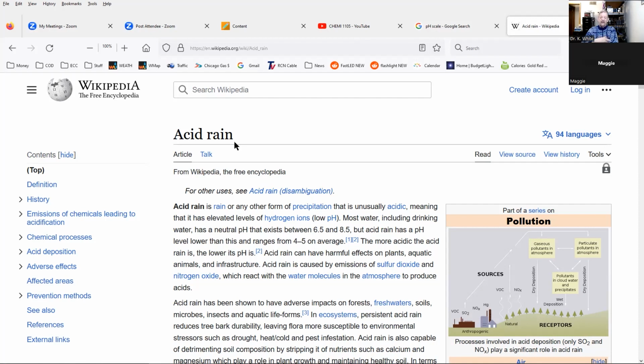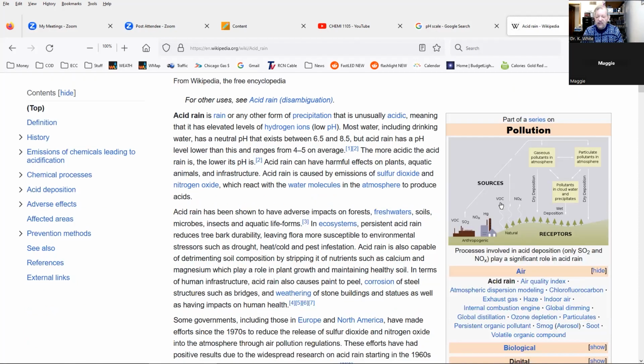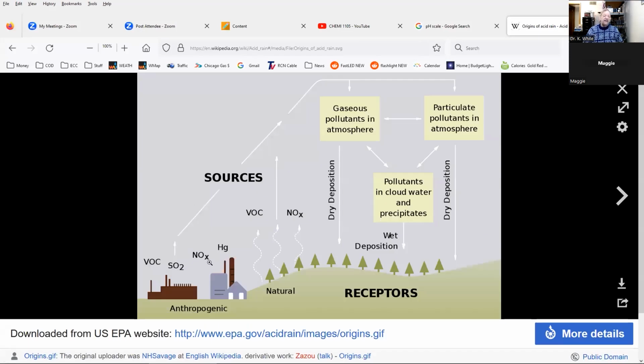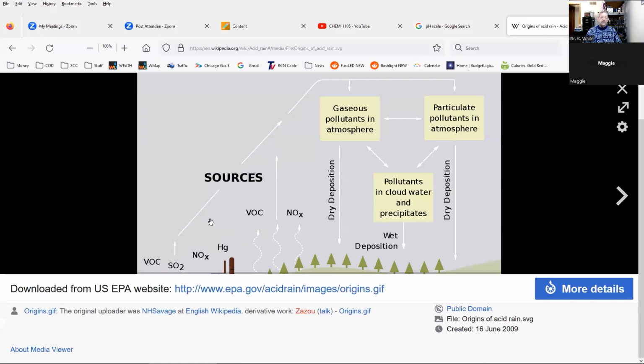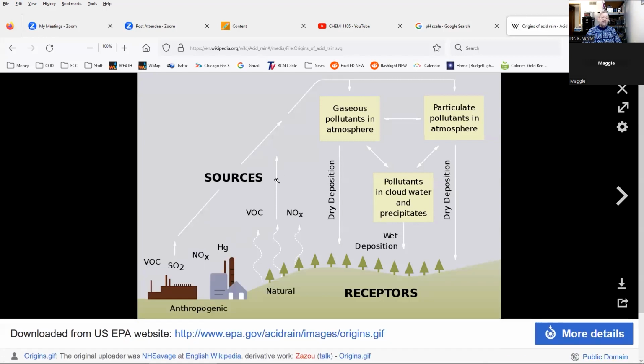As you see in the picture here, various pollutants, mainly sulfur dioxide and NOx, nitric oxides, would form in the air, in the clouds, and react with the moisture to form sulfuric and nitric acid.